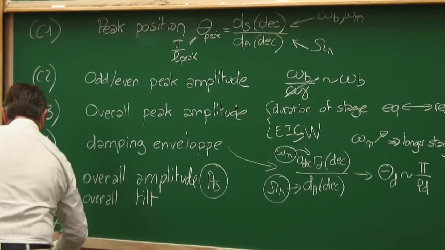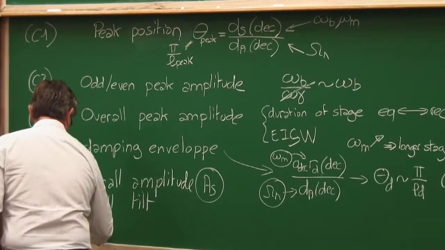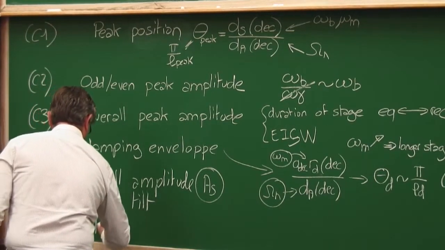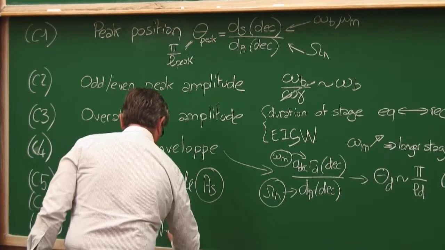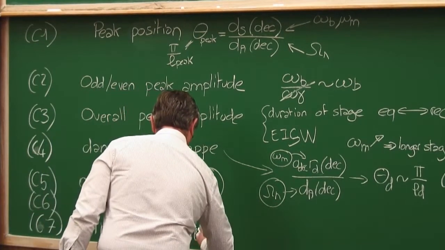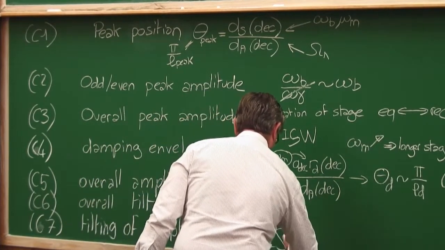C7 is the tilting of the Sachs-Wolfe plateau by the late integrated Sachs-Wolfe effect.